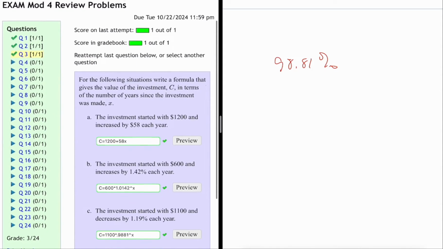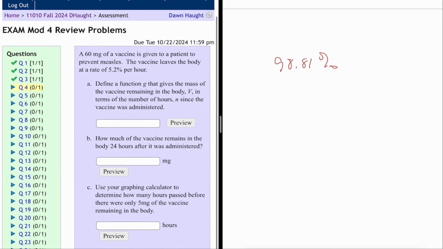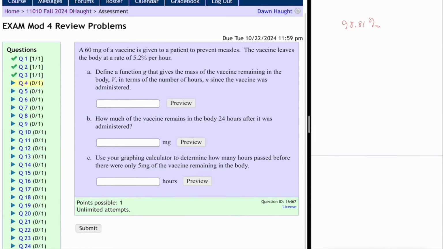Okay. So now let's move on to question number 4. Let's make that a little wider for you so you can see it a little better if it lets me. There we go. Okay. Question number 2 says, 60 milligrams of a vaccine is given to a patient to prevent measles. The vaccine leaves the body at a rate of 5.2% per hour.